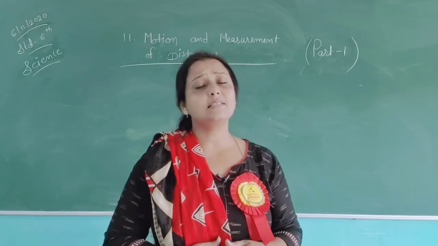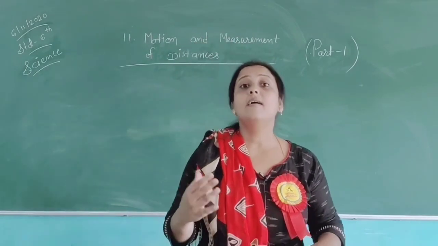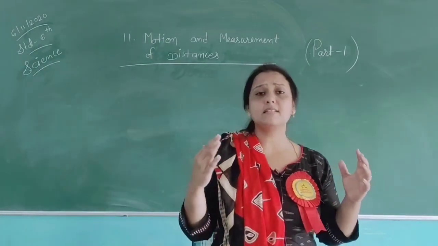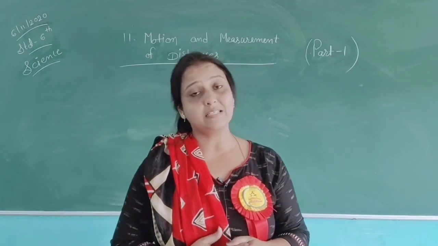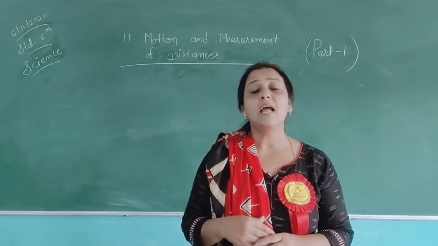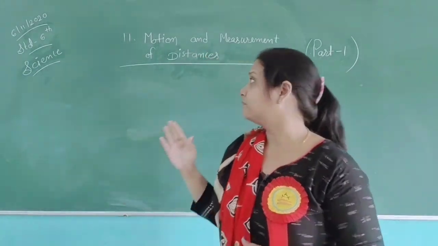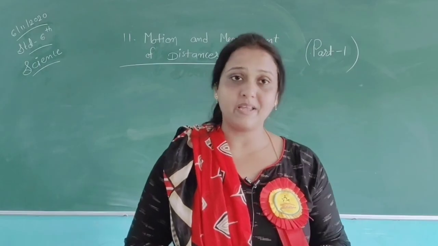In this chapter, Motion and Measurement of Distances, they have given us some ways and some types of transport by which we go from one place to another. Okay, so now we will discuss all these topics.